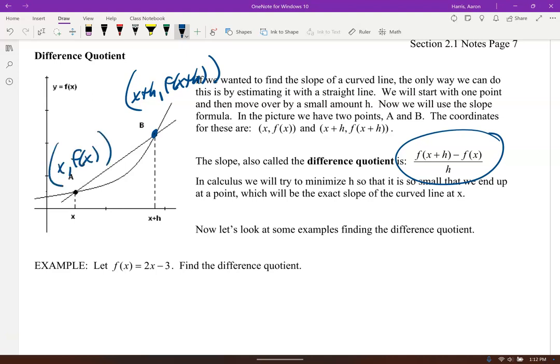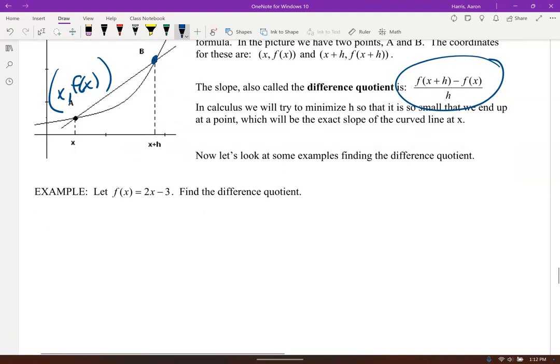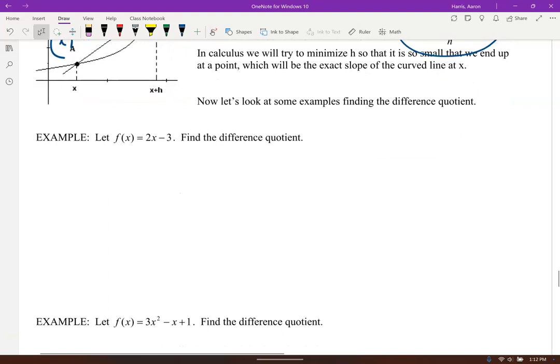So if you find that slope, you'll have f of x plus h minus f of x, y2 minus y1, over x plus h minus x. So the x's cancel on the bottom, you're just left with h. So we just want to practice this algebraically, is all we care about in here, is can you find the difference quotients with function notation.